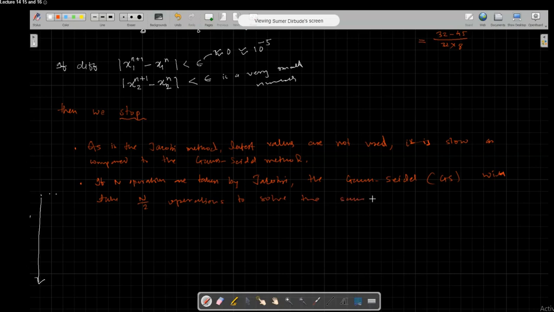Therefore, Gauss-Seidel method, GS method, is most widely used in general CFD solvers.